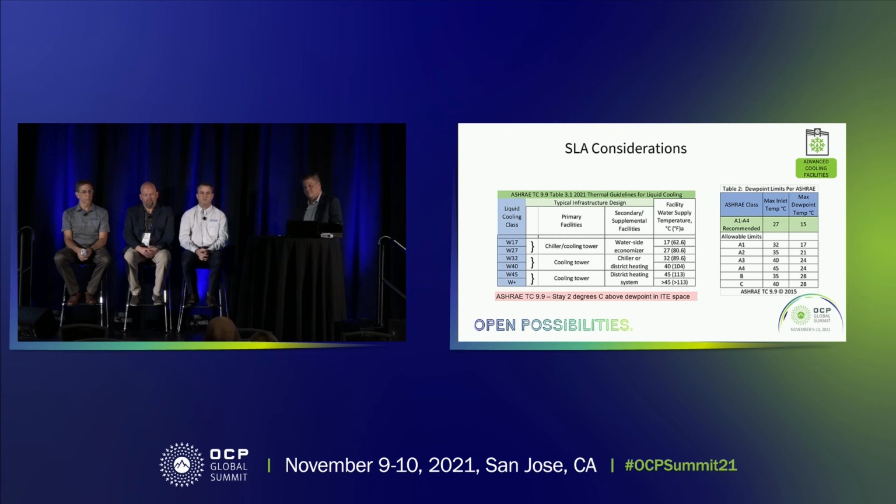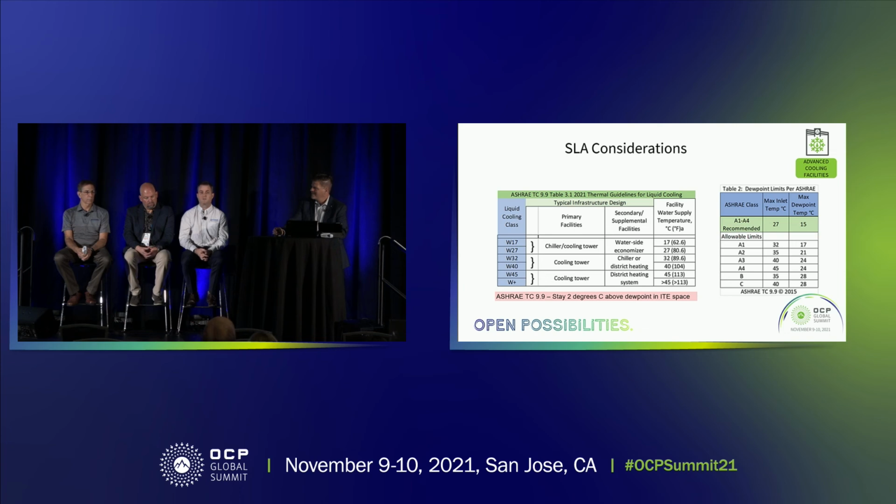That definition has now been changed, to help align with what the facility is providing with the FWS solution, ASHRAE's term for your primary cooling loop. If you are a W32 compliant ITE solution, that means your ITE can operate fully unthrottled all the way up to and inclusive of 32 degrees centigrade entering fluid temperature from the FWS. Operating there but having to throttle down 10% does not count.